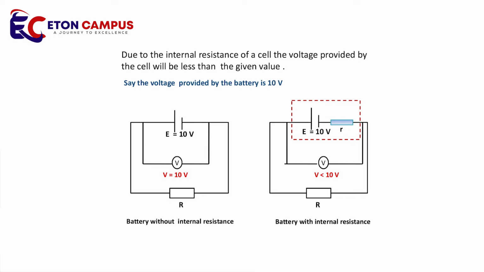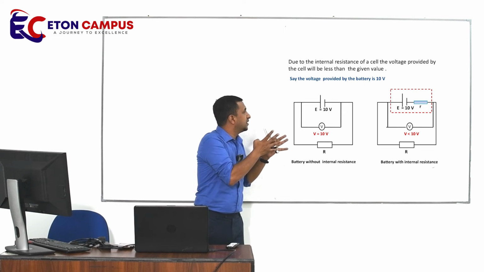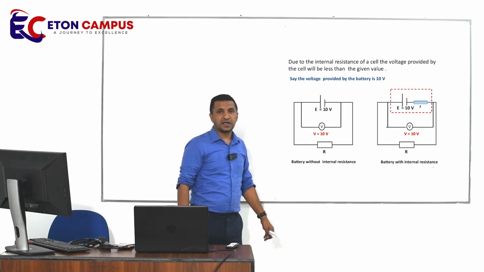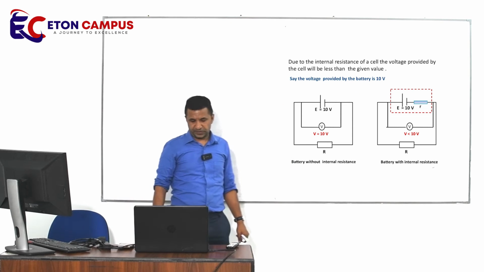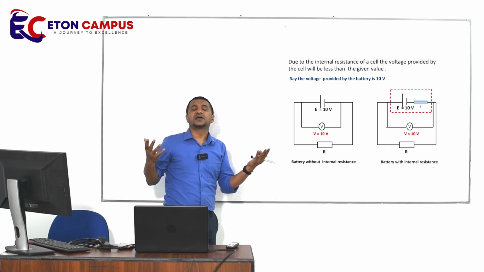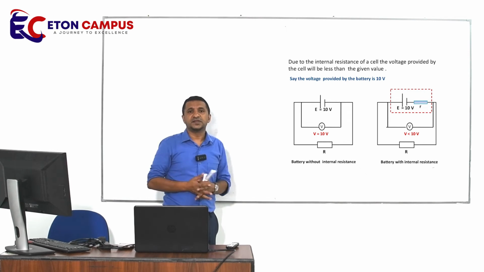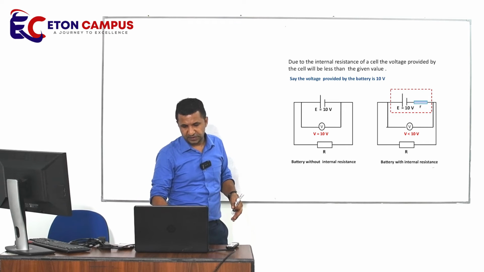But once you have internal resistance in a battery and you connect a voltmeter, the voltage provided to the external circuit will be less than what is mentioned, because it is going to lose some voltage inside. Hope you are clear with what is meant by the internal resistance.